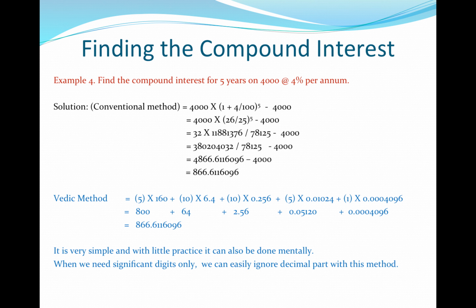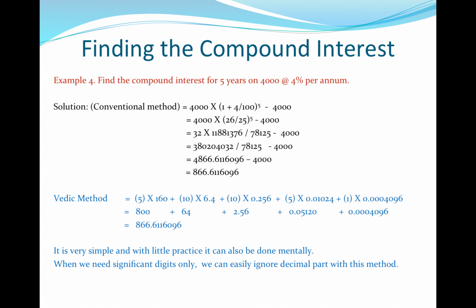And the second thing is, if we need only significant digits, then we don't need to calculate the complete answer. Like the first 3 parts, 5, 10, 10. Here we got 800, 64 and 2.56.